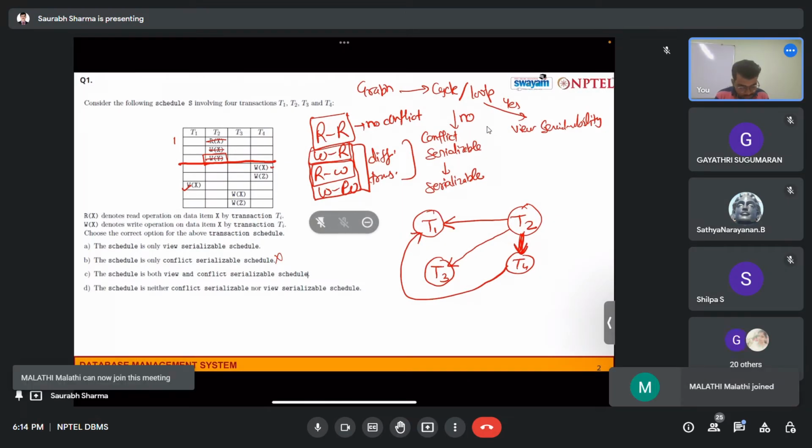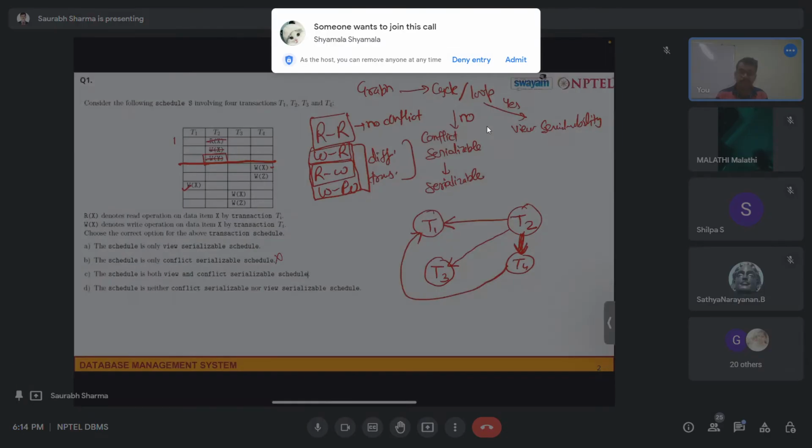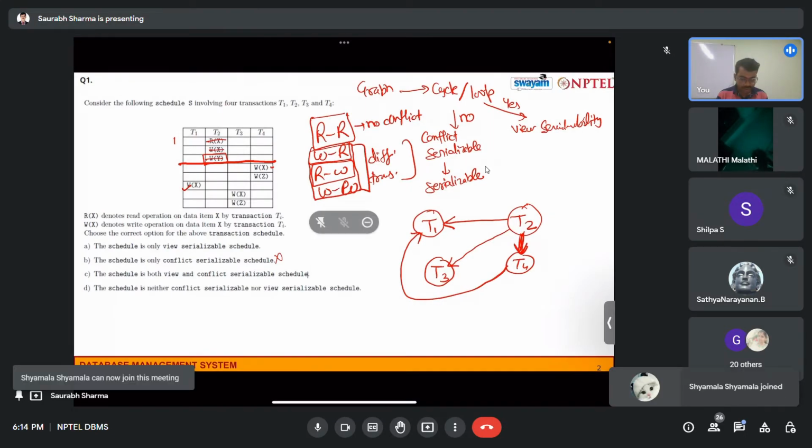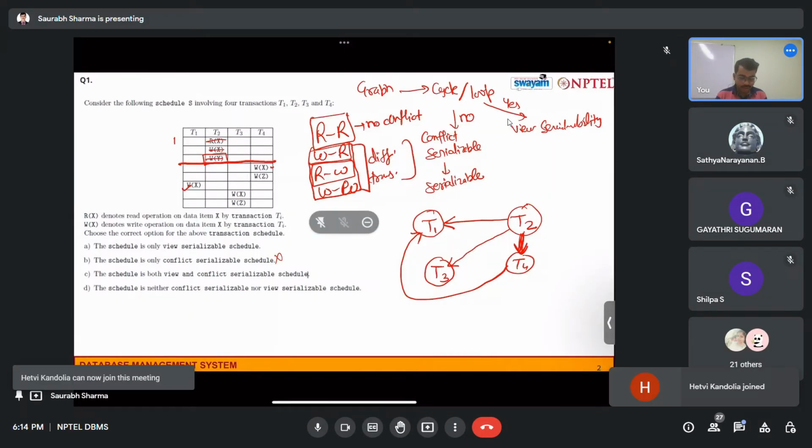Next, from T4 to T2, is there any kind of Wx or Rx there? Nothing is there in T2 after this time. It was there in a previous timestamp, but now there is no Rx or Wx after this time, so there will be no edge from T4 to T2.